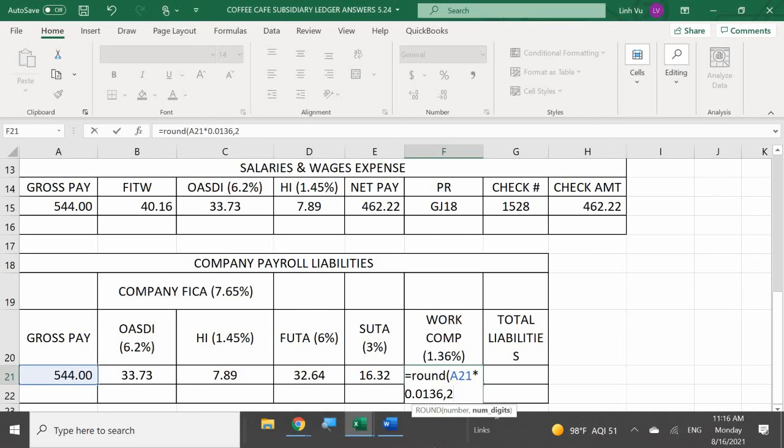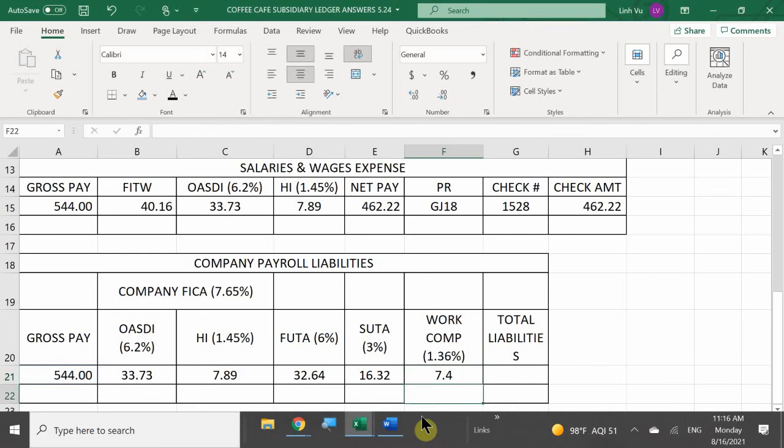I got 7.40. I did the 1.36%. Okay, good, for $7.40. Good.